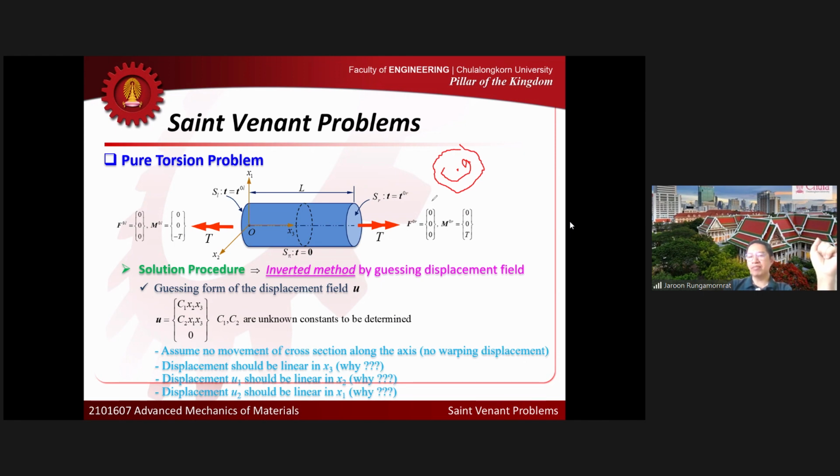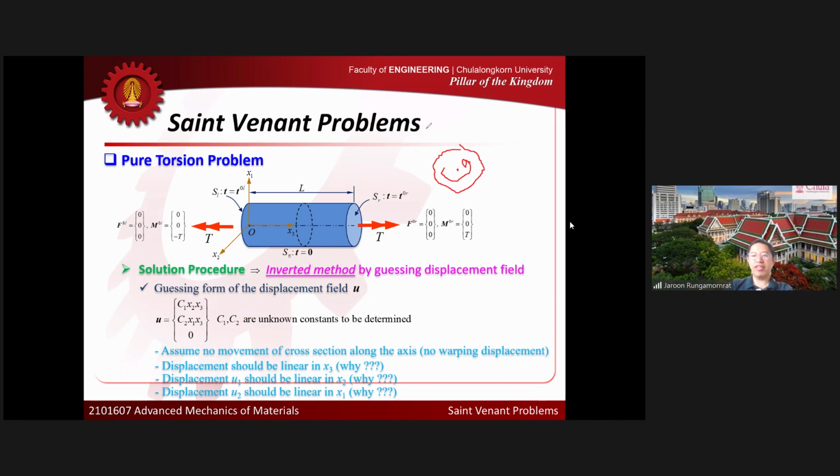So working out this problem by guessing the stress field may be easier. But here I try to provide you a different way to get the solution for this particular problem. I didn't mean to say that this is the easiest or the simplest way to get the solution. It's just one way that I can get the solution. Okay.